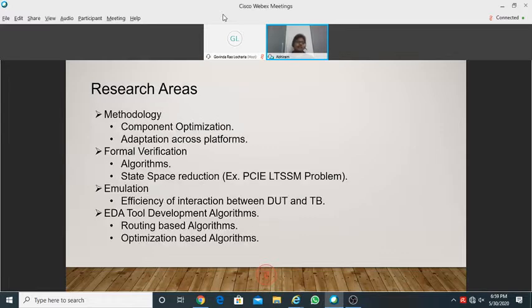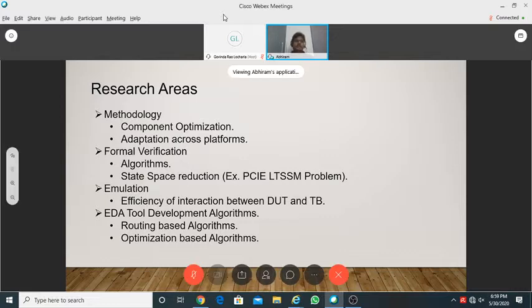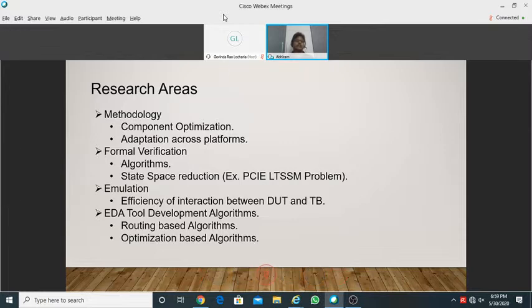And the final slide, if any people want to focus on research areas, I would like to suggest these four areas where there is enough research work, both from industry as well as from universities. One is methodology, like how do we define a methodology to verify all these things.